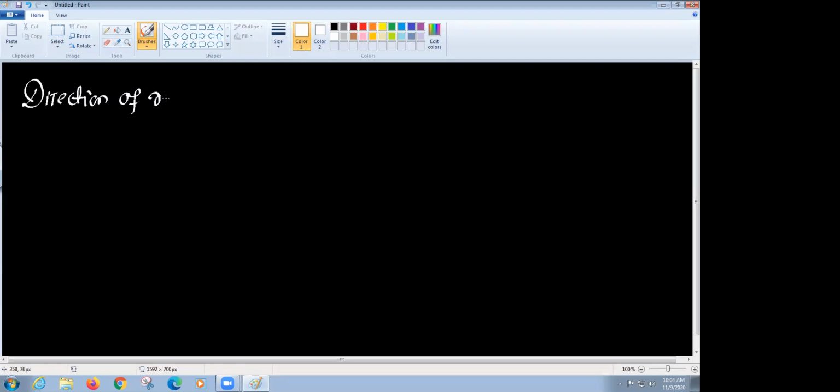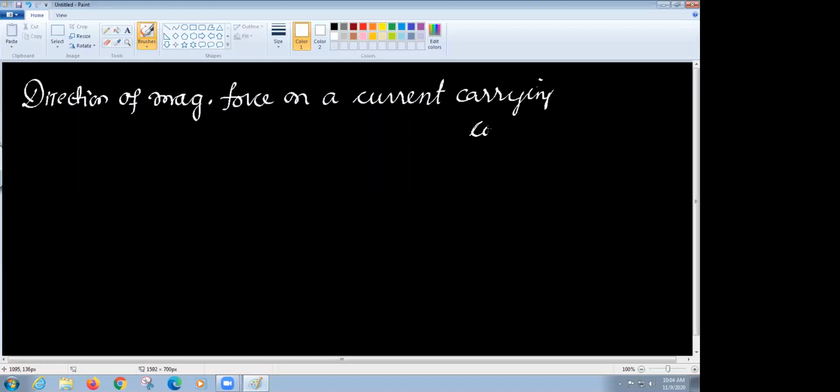Direction of magnetic force on a current carrying conductor. That means we can now use Fleming's left hand rule on a current carrying conductor.